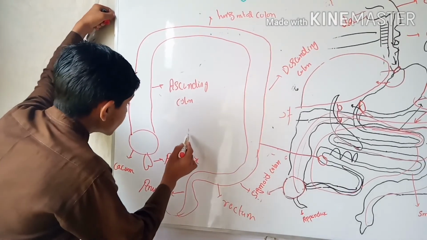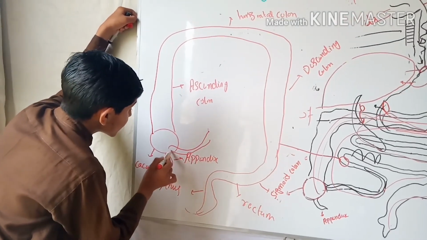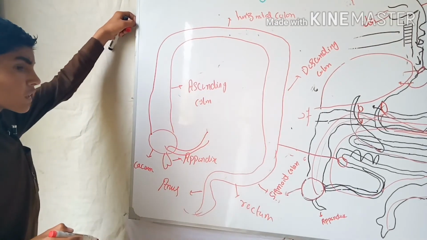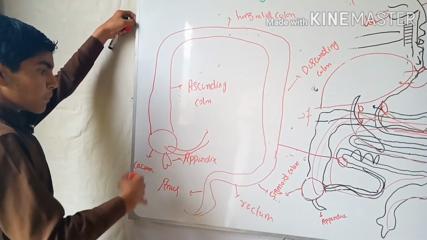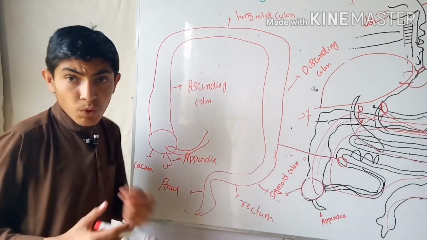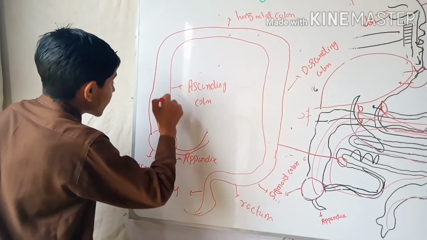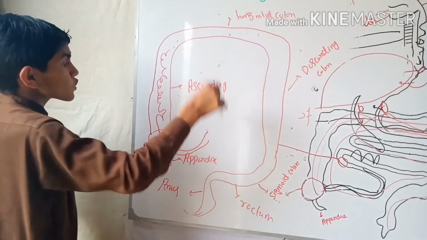So when the food comes from the small intestine into the large intestine, it is in a solid part and a water part. So there is also a lot of water in it, and the bacteria and mucus are also present.